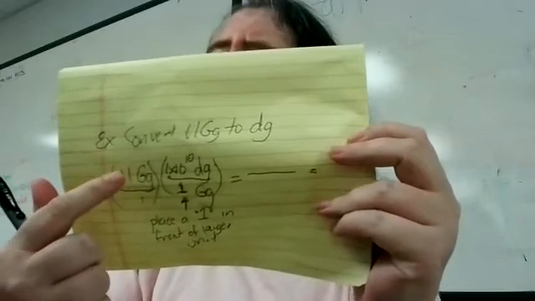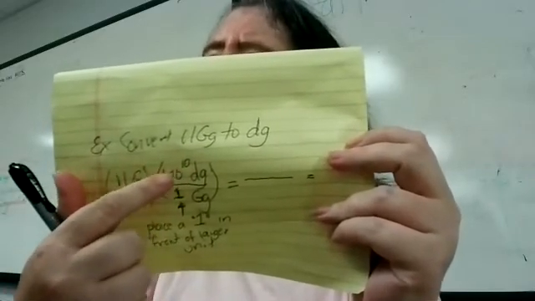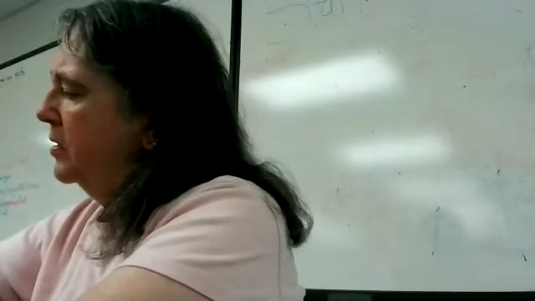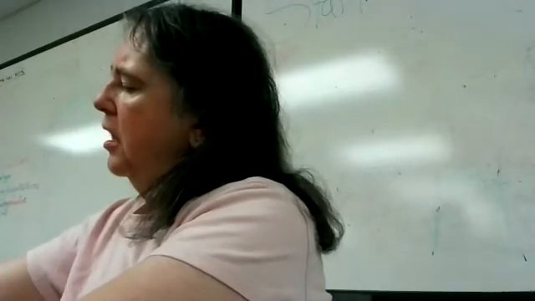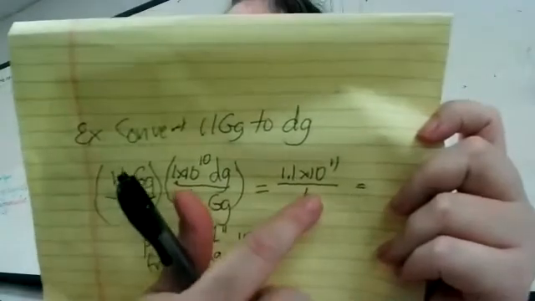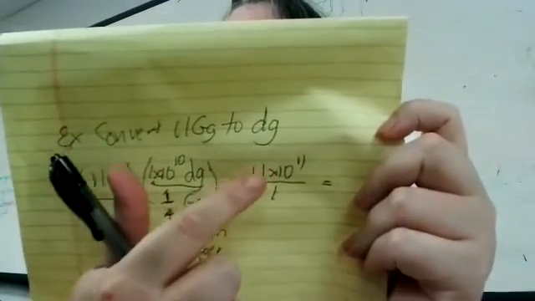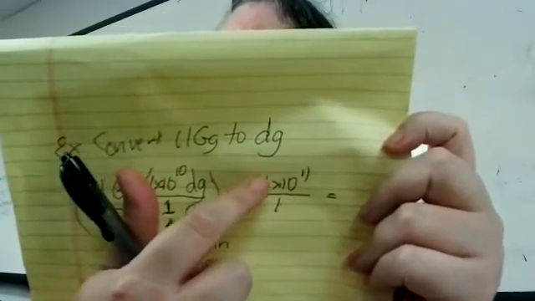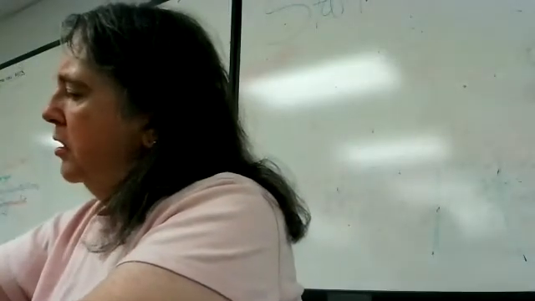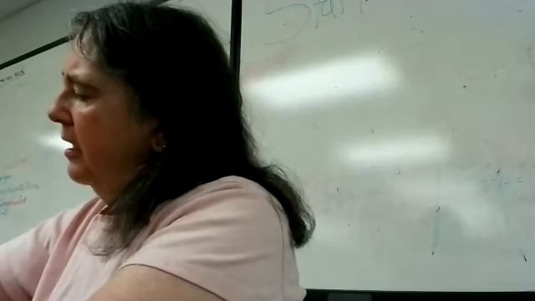Well, if I put in my calculator 11 times 1 times 10 to the 10th, I get an answer of 1.1 times 10 to the 11th. And then 1 times 1 is 1. So 1.1 times 10 to the 11th over 1 is just 1.1 times 10 to the 11th.